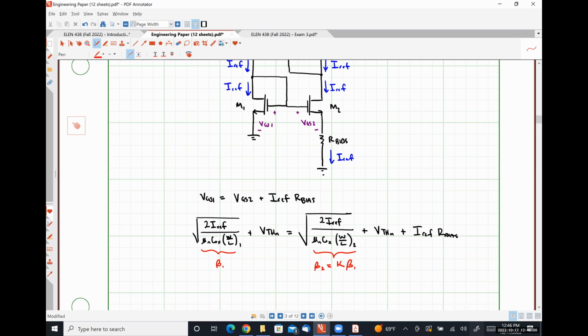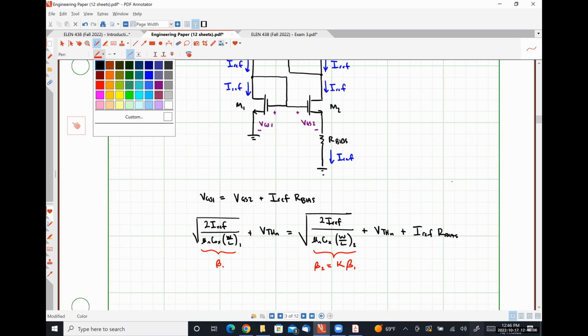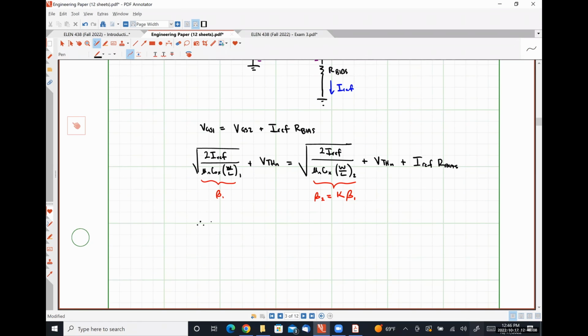If we solve this equation for the quantity I ref, what we find is that this is twice over R bias squared times beta 1 multiplied by a factor of 1 minus the square root of 1 over K, our scaling factor, squared.